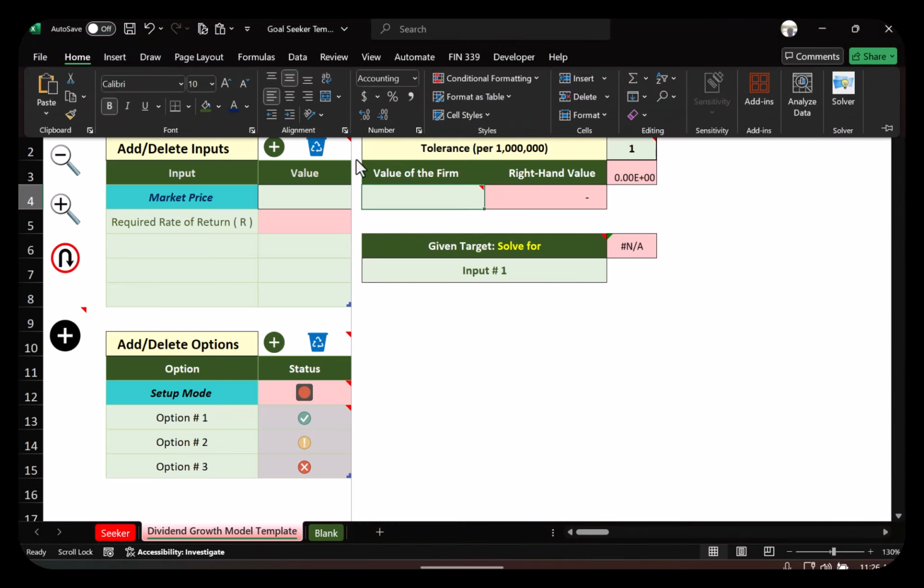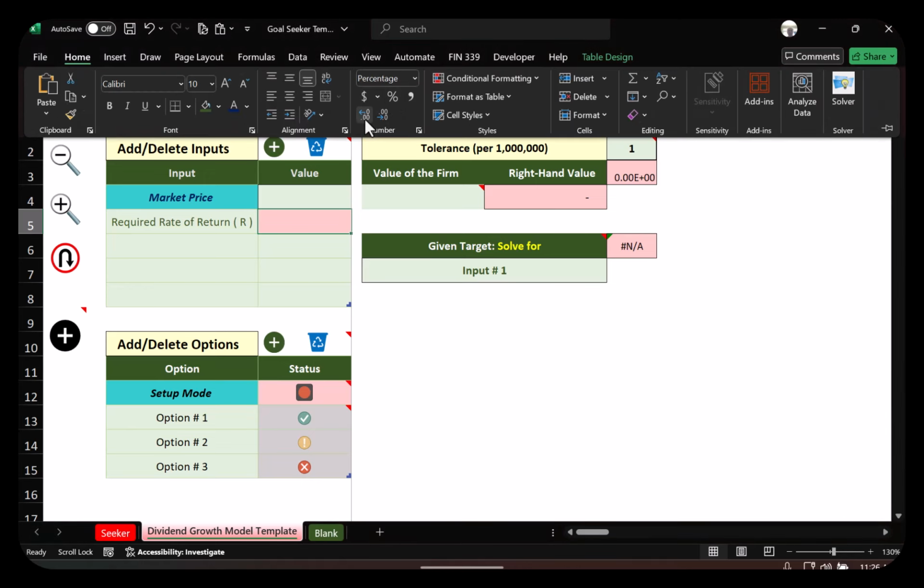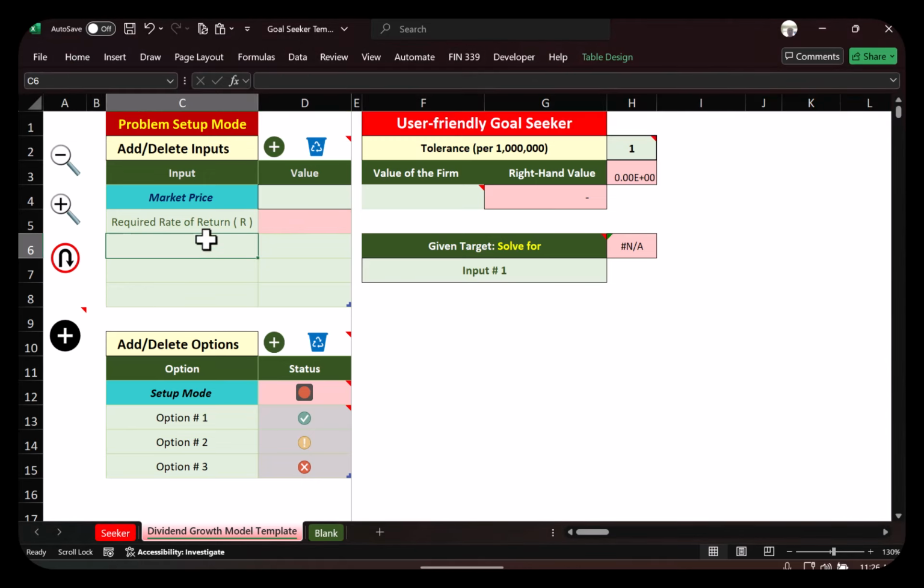These will be dollar formats. Same thing here. Required rate of return is percent. I'm going to do 2 digits.